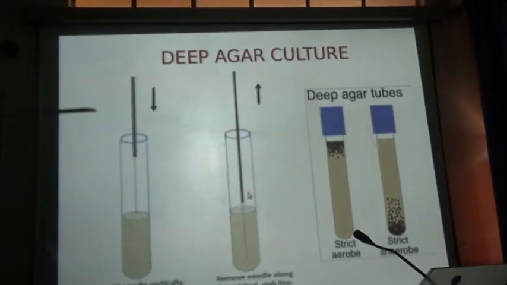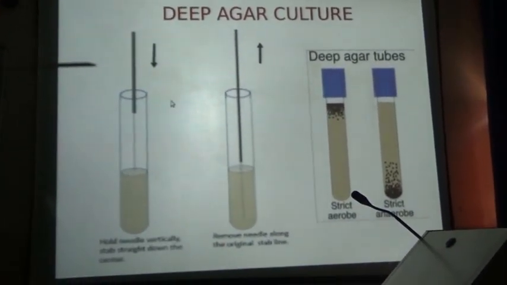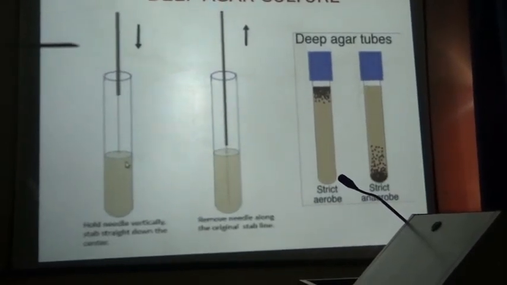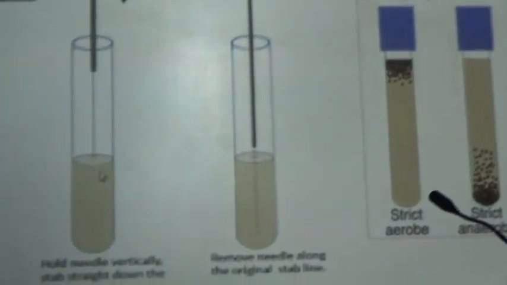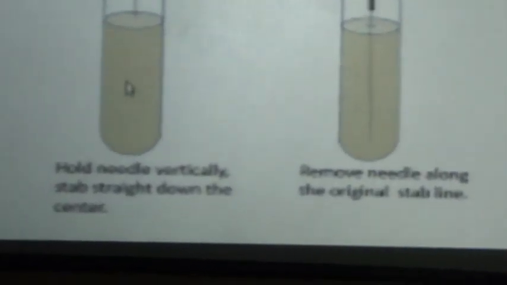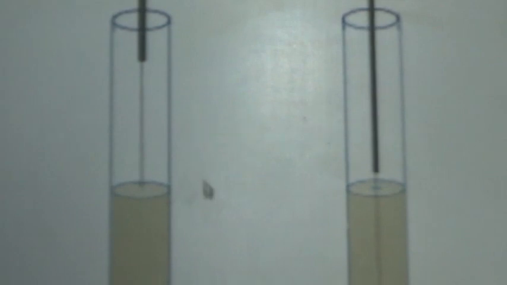This is the deep agar culture. What we do here is that we have a tube in which nutrient agar is placed, and it has a big column like this. The organism which is to be grown is taken on the tip of this straight wire, called the straight inoculating wire. At the tip of the wire we take the bacteria, or the specimen containing these bacteria, and it is stabbed deep inside like this.